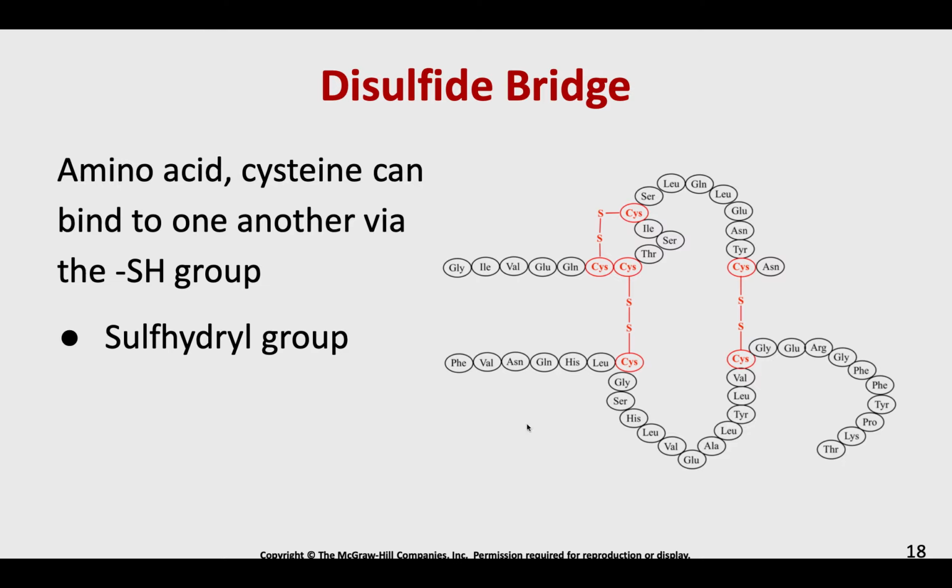They have sulfur in them, all right? And they can bind to one another via their sulfhydryl group, all right? So this is very specific to this one amino acid, and they have the ability to bind to each other via those sulfhydryl groups, all right? And the resulting bond is called a disulfide bridge. Any questions so far?